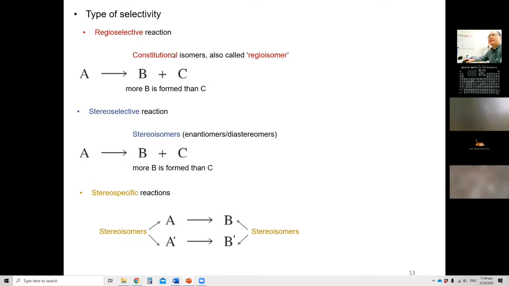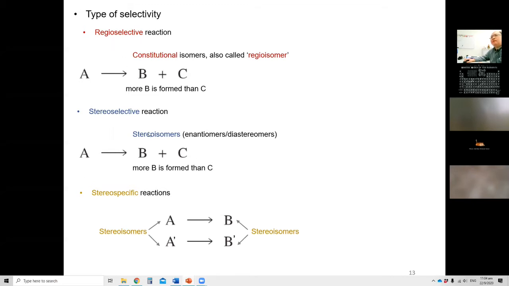So let's give a summary to compare these concepts we have learned so far. A regioselective reaction is one where, starting from the same reactant, you have a pair of constitutional isomers generated, and more of B is formed than C. So one constitutional isomer predominates, okay? So we say it's a regioselective reaction.